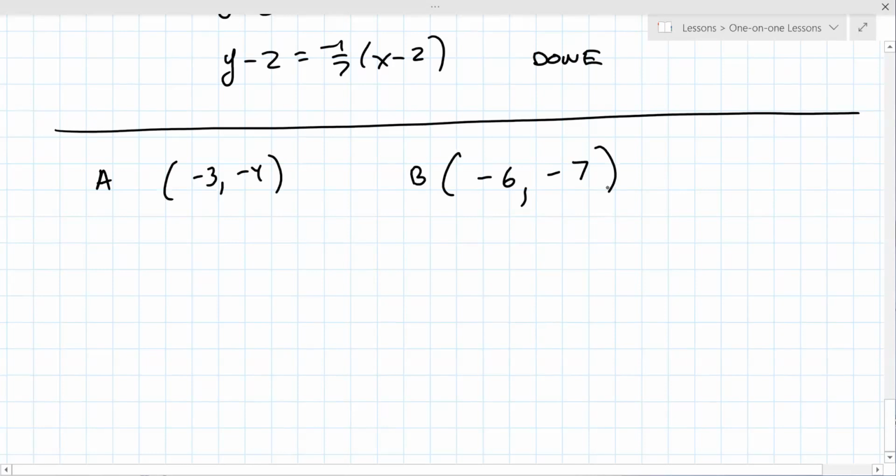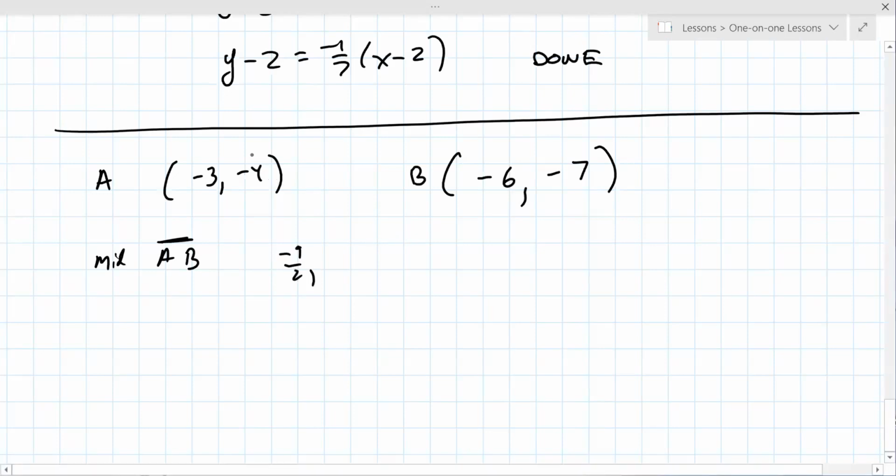I want you to find the midpoint from A to B. Would it be negative 9 over 2 and then negative 6?